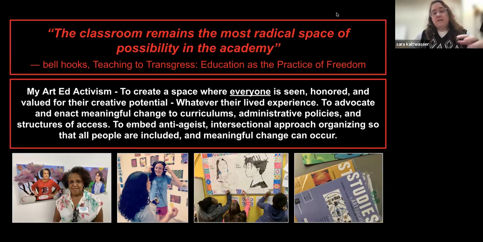So if I had to synthesize where my activism sits in relationship to anti-ageist work, I would say that my work is to create a space where everyone is seen, honored, and valued for their creative potential, whatever their lived experience, to advocate and enact meaningful change to curriculums, administrative policies, and structures of access, and to embed anti-ageist intersectional approach in organizing so that all people are included and meaningful change can occur.